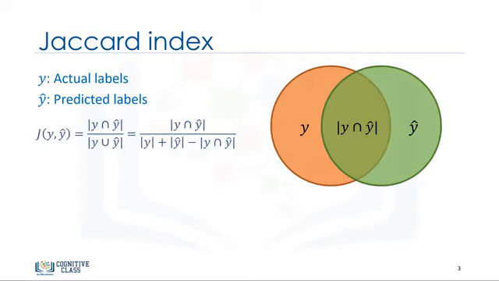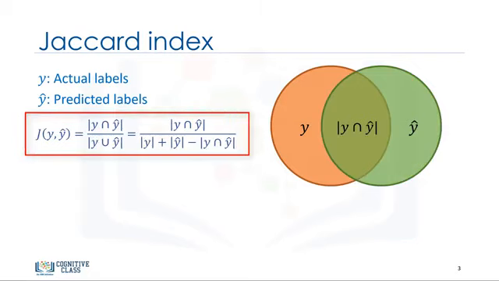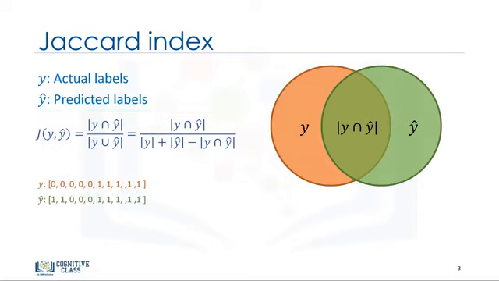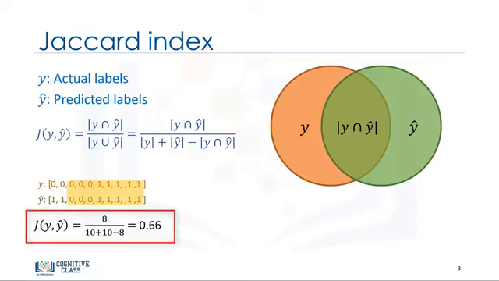Then we can define Jaccard as the size of the intersection divided by the size of the union of 2 label sets. For example, for a test set of size 10 with 8 correct predictions or 8 intersections, the accuracy by the Jaccard Index would be 0.66.